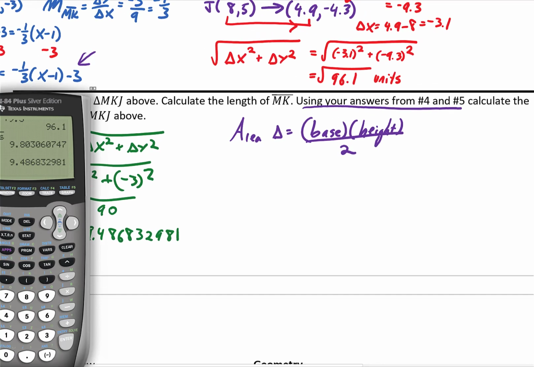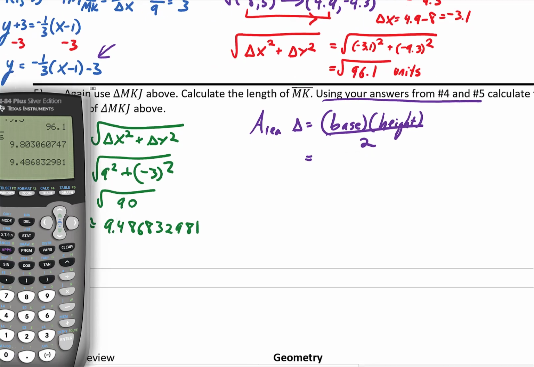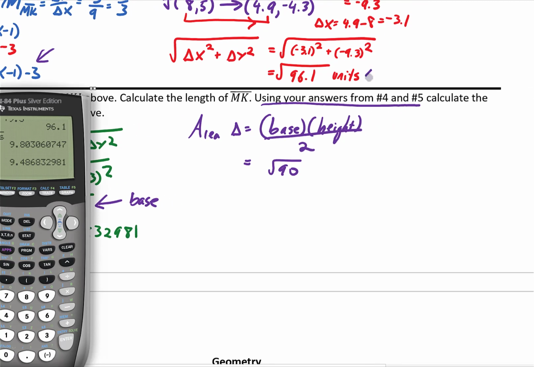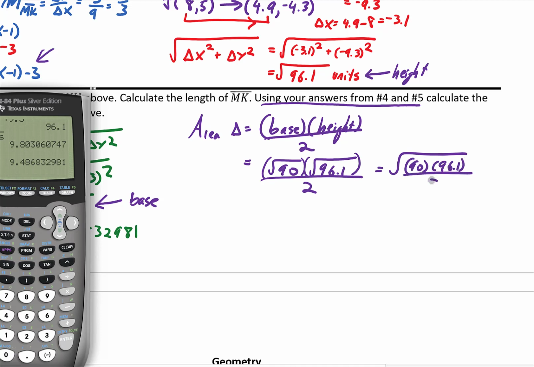Well, the base in this case is actually the square root of 90, and the height of this triangle is the square root of 96.1. So we multiply these together and divide by 2. Another way of doing it is also just multiply them initially and then take the square root of them.